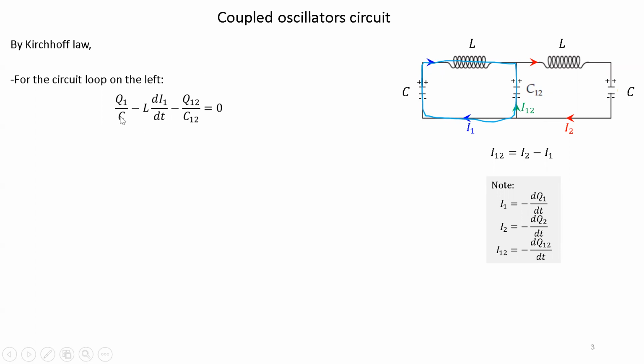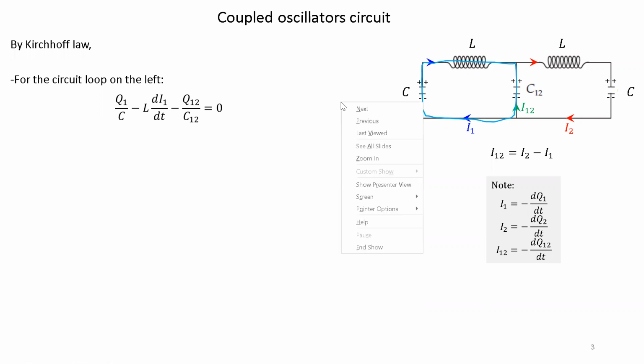So this Q1 divided by C would be due to this component, this L di1 dt would be due to this component, and then this Q12 divided by C12 due to this capacitor. So three components in one loop.